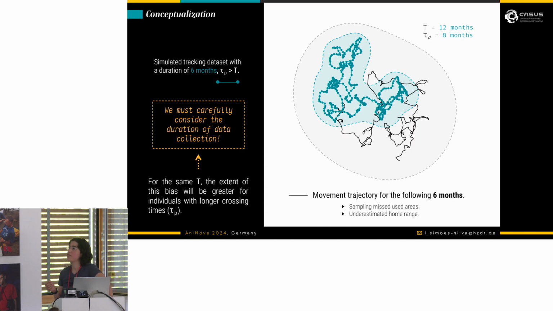And typically for velocity, for speed and distance, you want the sampling interval to be at least 3 times shorter than the velocity autocorrelation. So if your velocity autocorrelation is, let's say, half an hour, you want your sampling frequency to be every 10 minutes, so you're still getting at least 3 points for that.